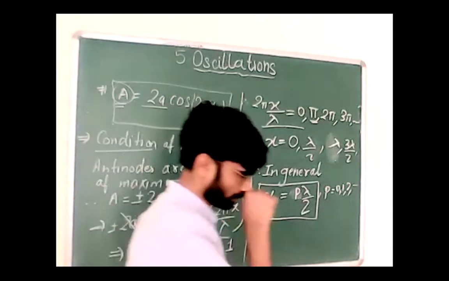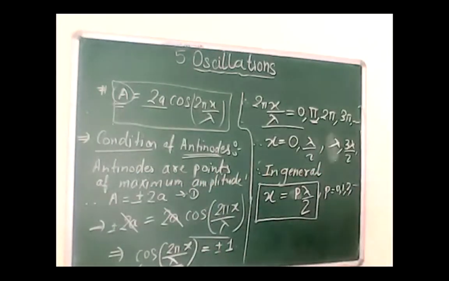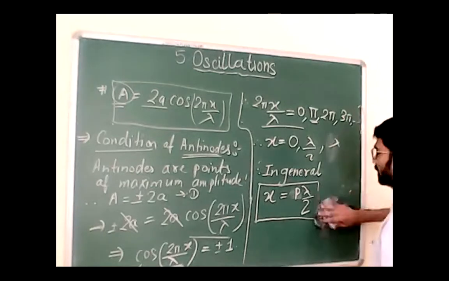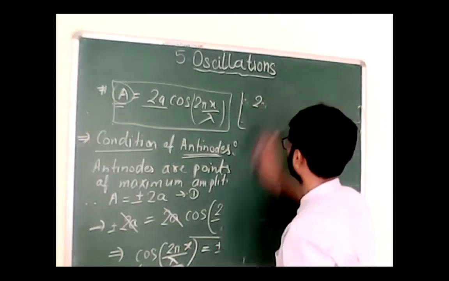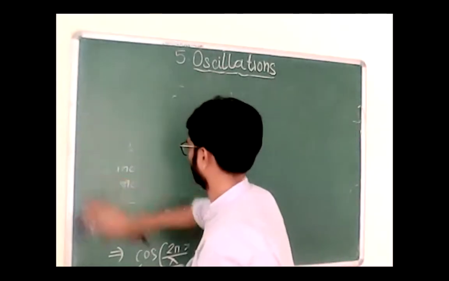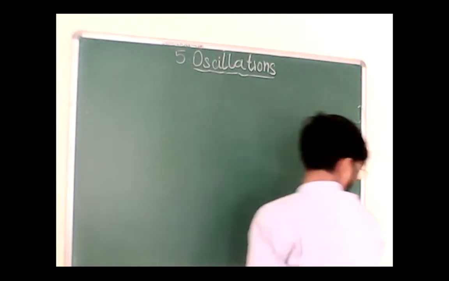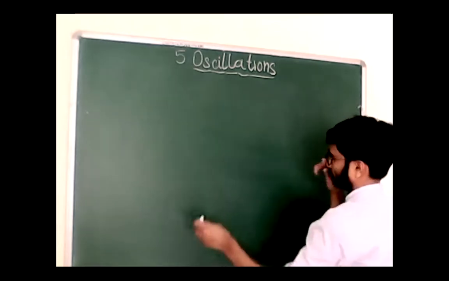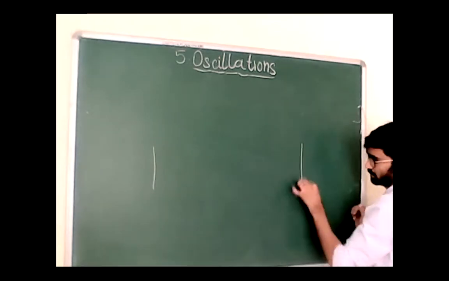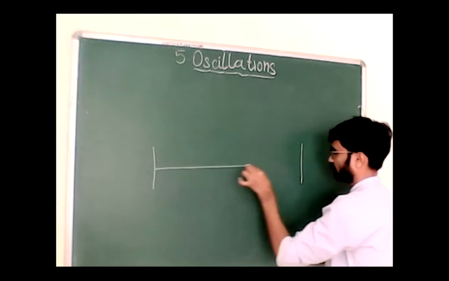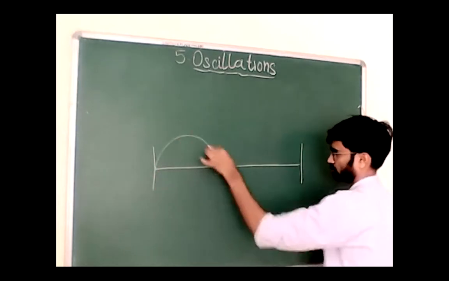One more thing I want to tell you, always remember that, अभी जो मैं बताने वाला हूँ ध्यान रखना. Okay. See here. Let me draw the graph again. Suppose this is the graph of a stationary wave.